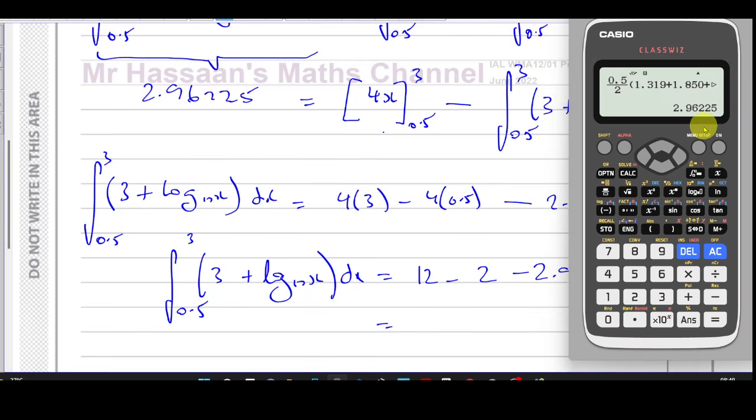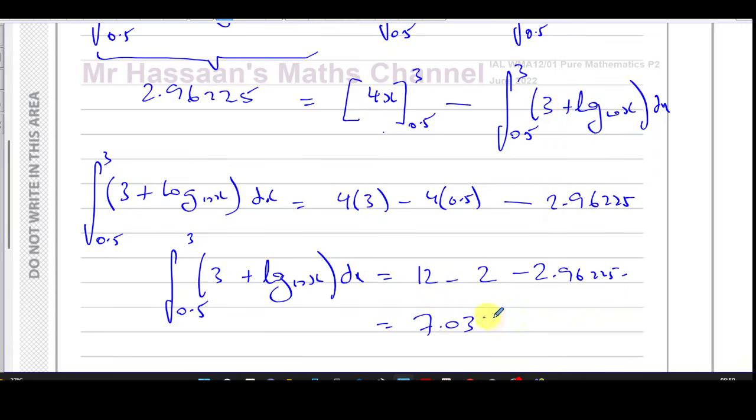Okay, so you have this, which is going to be a negative, take away 2, and then plus 12, which gives us 7.03775. To how many decimal places do we want it?